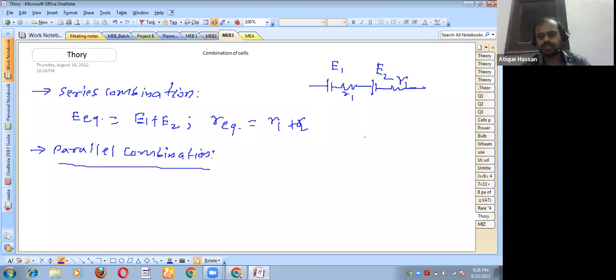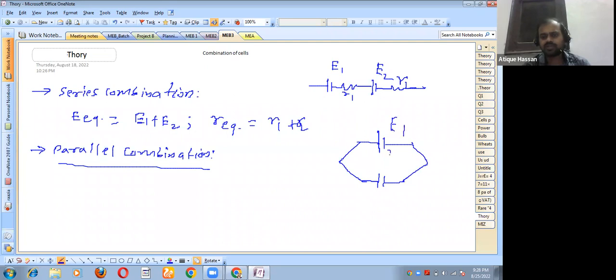So we will learn the formula for parallel combination. Suppose we have two cells having EMF E1 and E2, and internal resistances R1 and R2, connected in parallel.